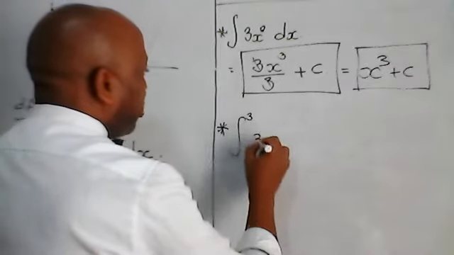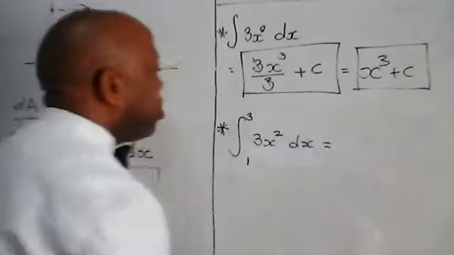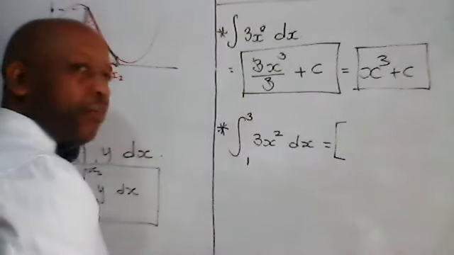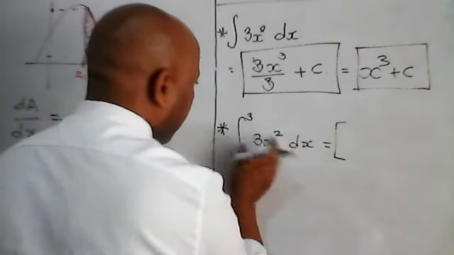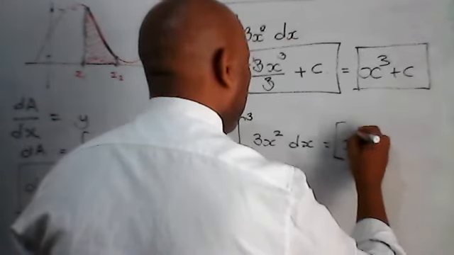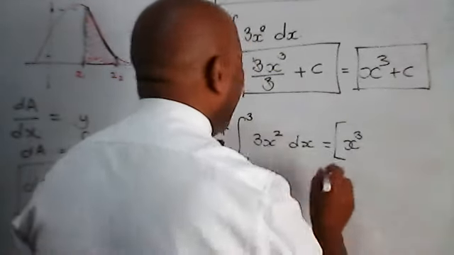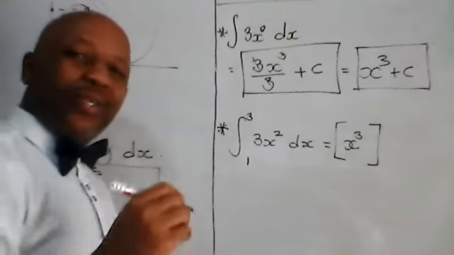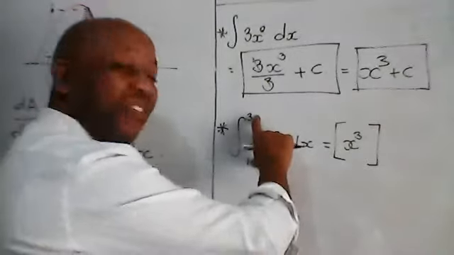So we want to find the integral from 1 to 3 of 3x squared dx. This is equal to square brackets. Now this is application: square brackets, the integral of this is going to be x cubed, close your square brackets, because we now want to find the definite integral, as we are given the boundaries.